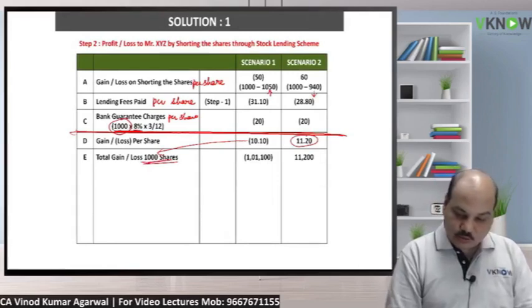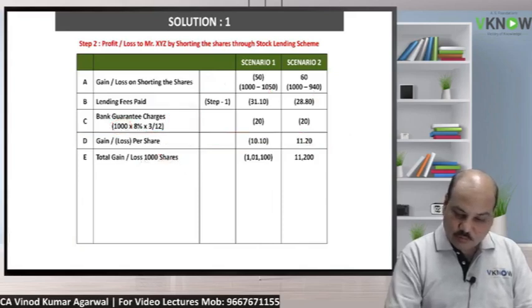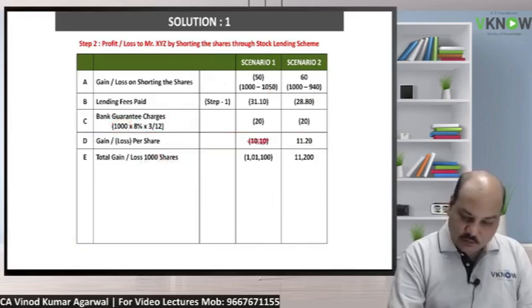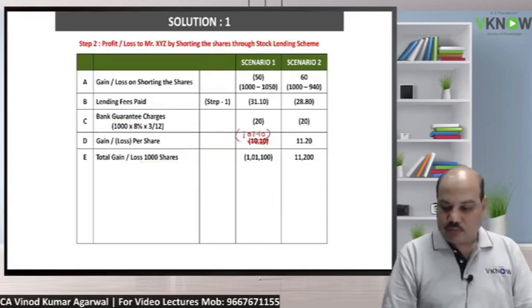Now wait a minute, there is a small calculation error, typing error here. This should have been 101.10. Okay, this point number D, the total gain or loss per share is 101.10.